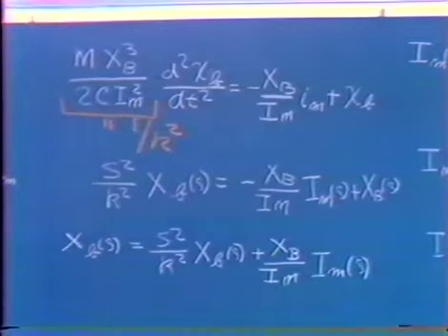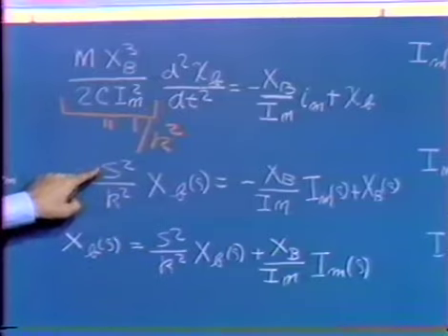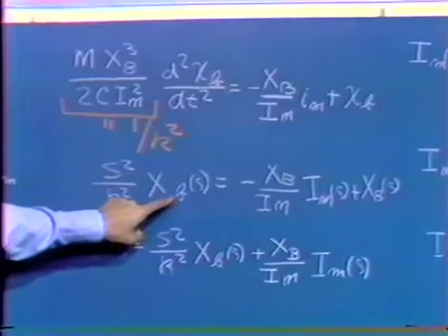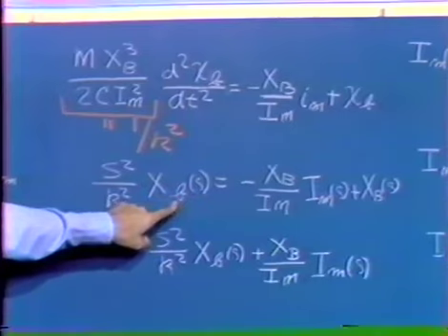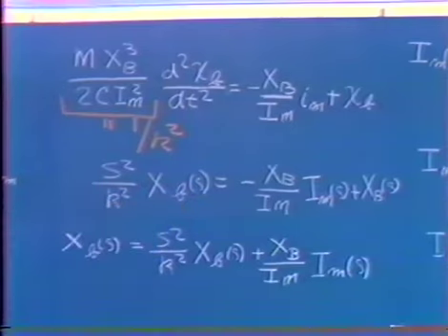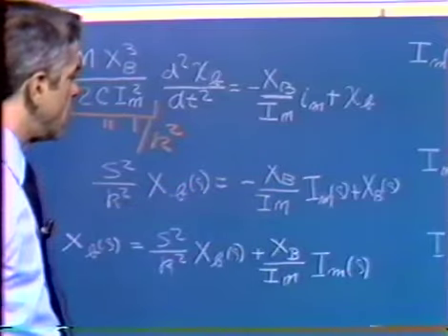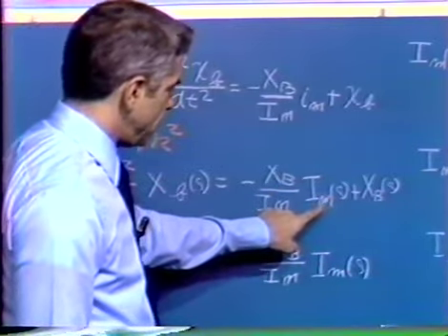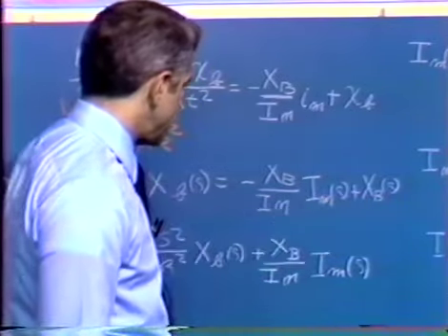If we combine those operations, that simplification as well as the derivative and transforming, we end up with an expression s squared over k squared times x sub b of s, capital X sub lowercase b, the Laplace transform of the ball position, or the incremental component of the ball position, is equal to minus x sub b over I sub m times the transform of incremental changes in magnet current plus, again, x sub b of s.